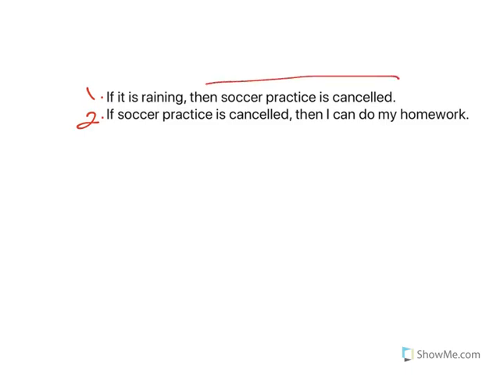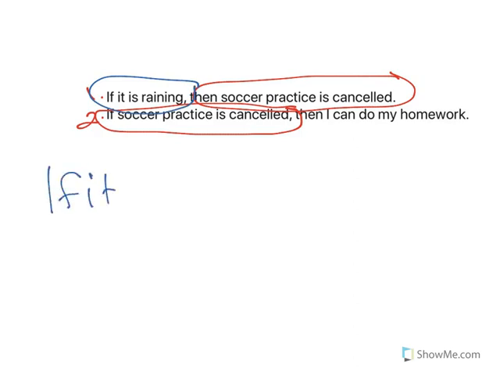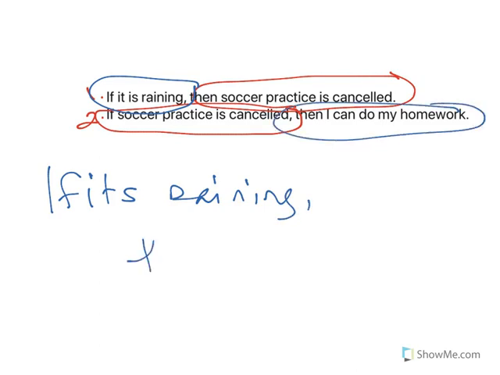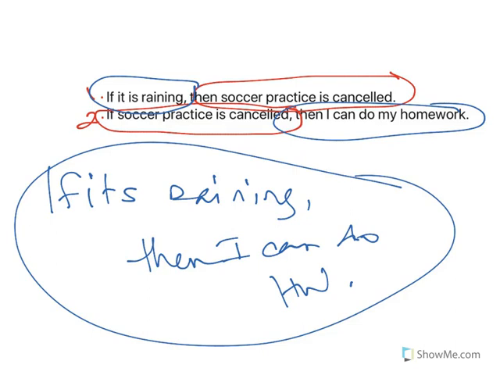We need to look at the first conclusion and the second hypothesis, and are they exactly the same? They sure are. So that means that we can take that first hypothesis, if it's raining, and the second conclusion, then I can do homework, and have a conclusion, and that's our answer.